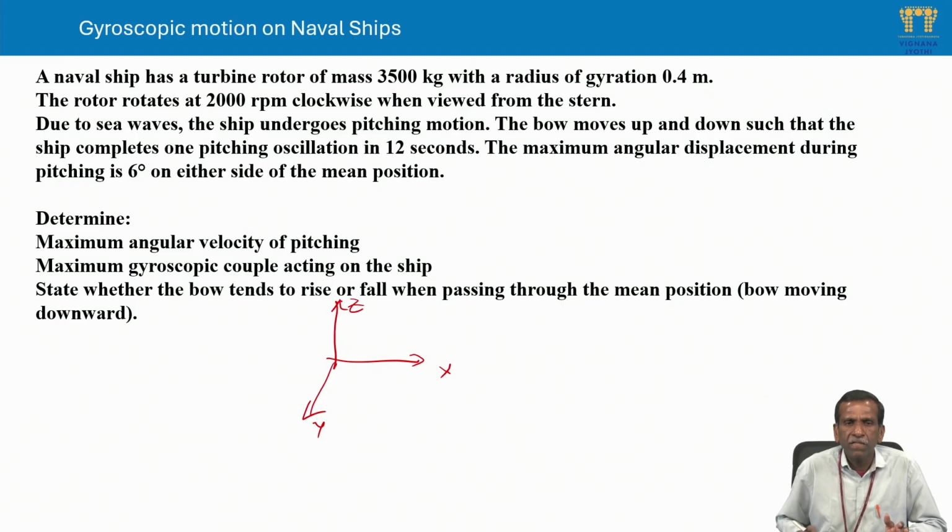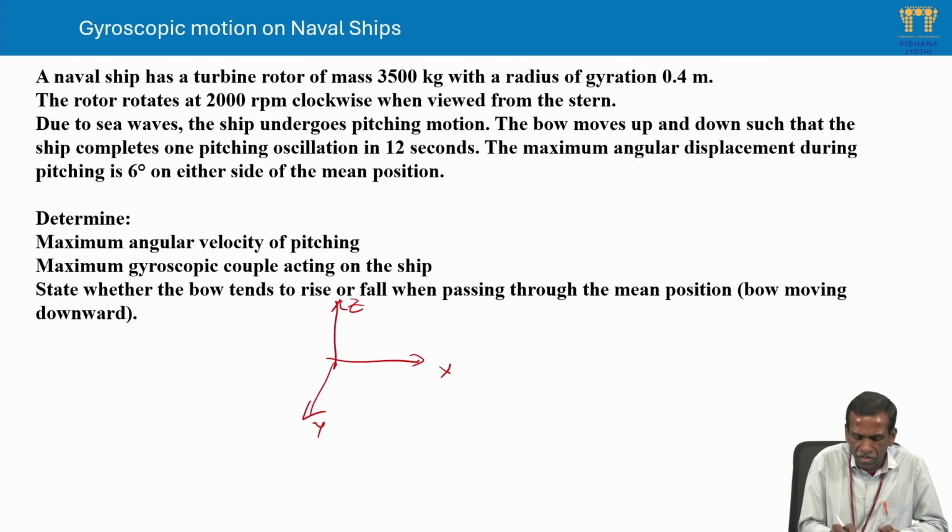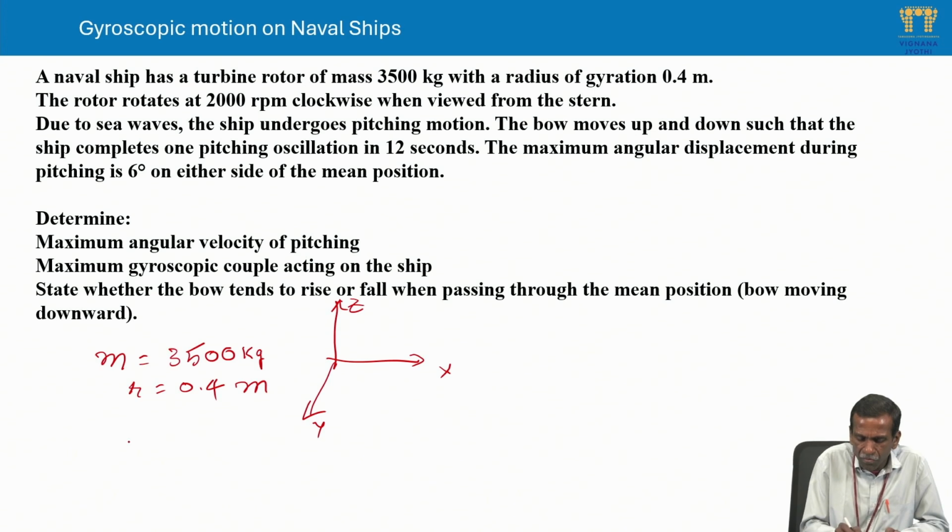This is a naval ship that has a turbine rotor of mass M equal to 3500 kg, and the radius of gyration R is 0.4 meters. From these two data points, we can calculate the mass moment of inertia of this rotating, spinning body, that is m r square.